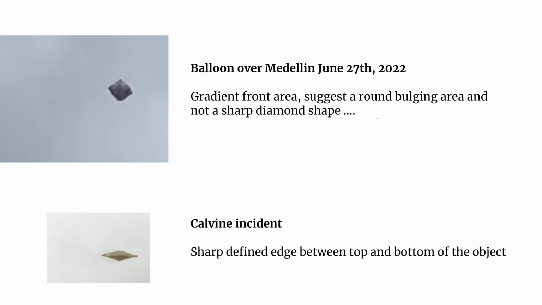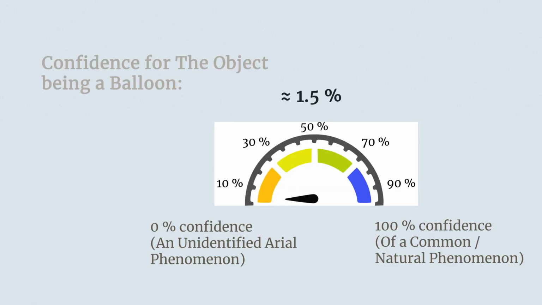The likelihood of a more flat-shaped balloon with dimensions between 2 and 20 meters and an almost metal-restricted exterior shape hovering in the Calvine area in 1990 is therefore small. I will give the explanatory option of a balloon 1.5% of likeliness.